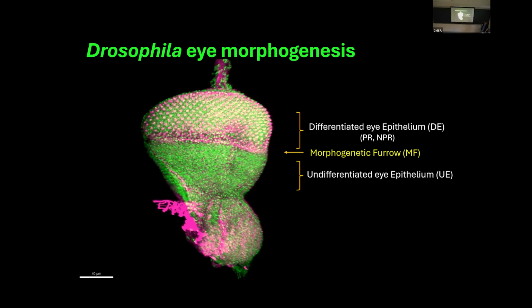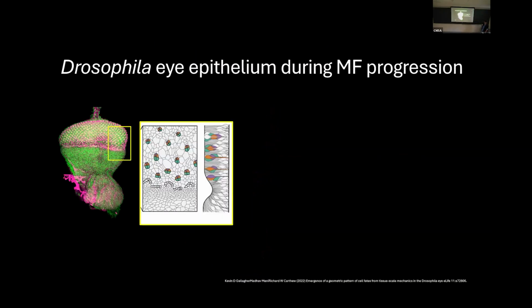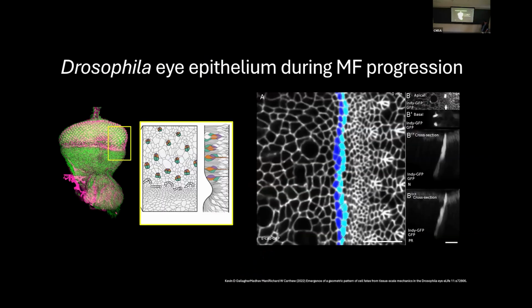And if you look at the cross-section of this epithelium, yeah. So this is how it looks from the top view. This is the differentiated part of the epithelium.